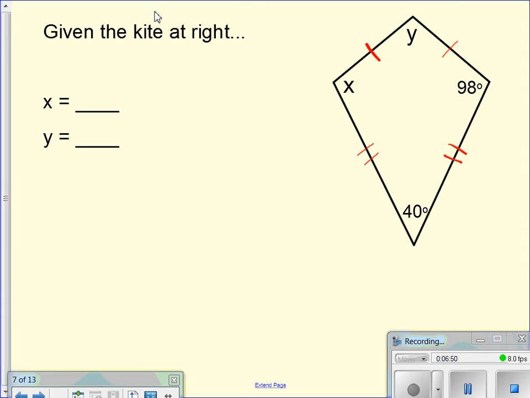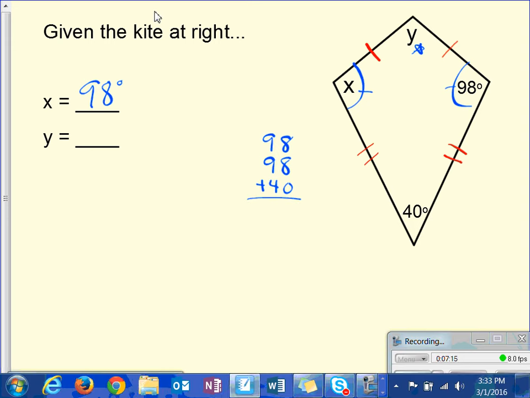Giving the kite a try. Right away, I'm going with what I just figured out: non-vertex angles are congruent. X is 98 degrees. Anyways, a quadrilateral adds to 360, so to figure out Y, let's add 98 plus 98 plus 40.